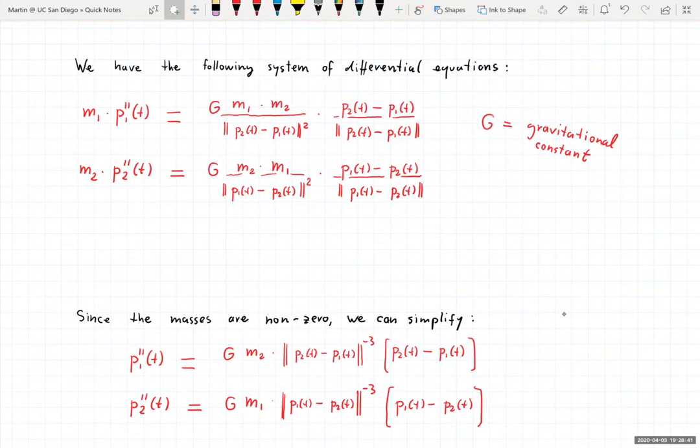So to each of those two equations correspond actually three equations. So if you write this down in terms of coordinates, then actually we have 6 differential equations that are coupled with each other. I hope it is clear that using this vector notation actually simplifies the exposition of Newtonian dynamics.